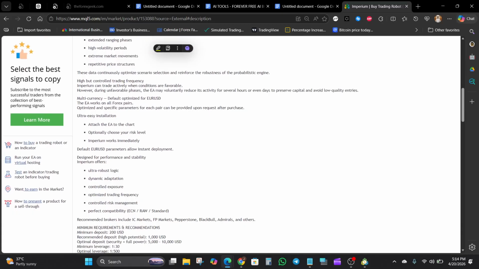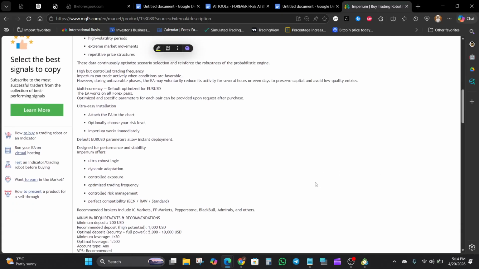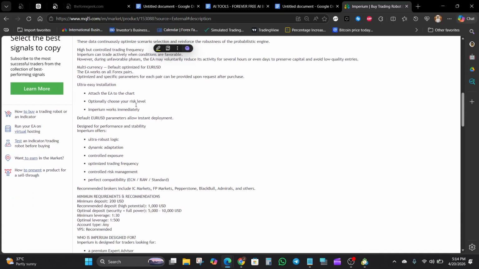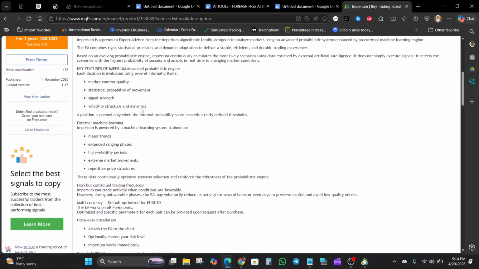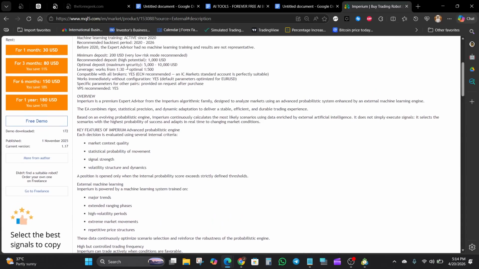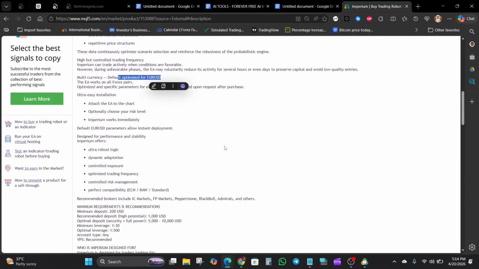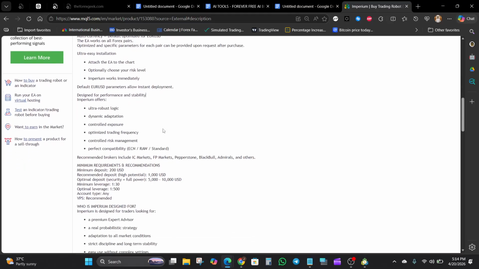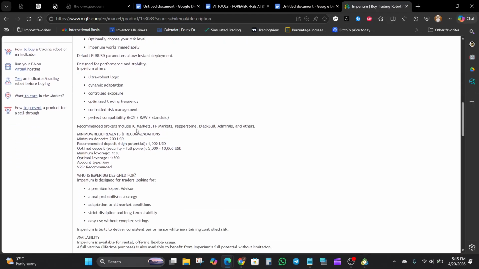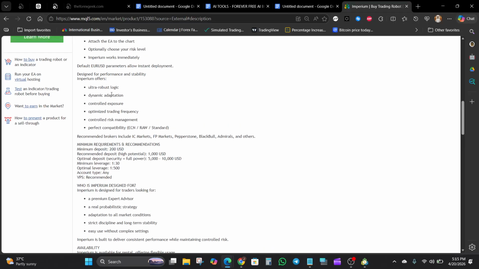All right, now in terms of setup, we already realized earlier on that the EA is optimized for EURUSD, even though you can use it on other pairs. Okay, so that fact is already established, and we can see that there is an emphasis on risk management.